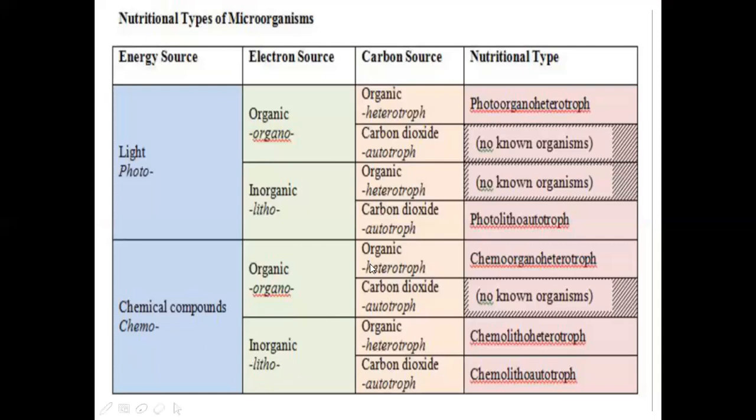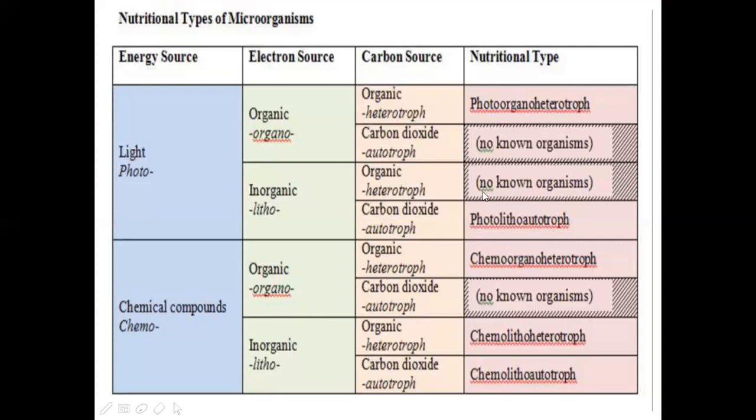So here, chemo-organotroph. If the organic compounds are utilized as carbon source, we have to call it heterotroph. If carbon dioxide is used as a carbon source, you have to call it autotroph. So for the first category, we have to write it as chemo-organoheterotroph.